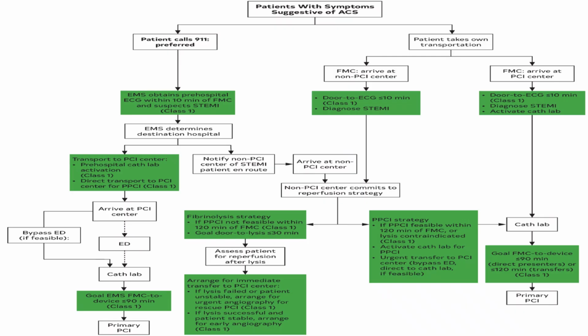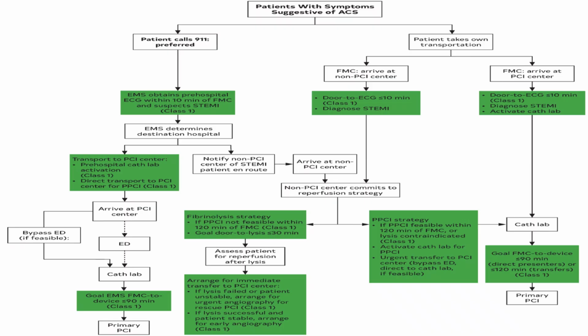So this is just a basic guideline on management of patients with symptoms suggestive of ACS. When patients start experiencing chest pain or symptoms that may be pointing towards acute coronary syndrome, there can be two ways. Either patients call 911, which is preferred, or patient takes their own transportation.